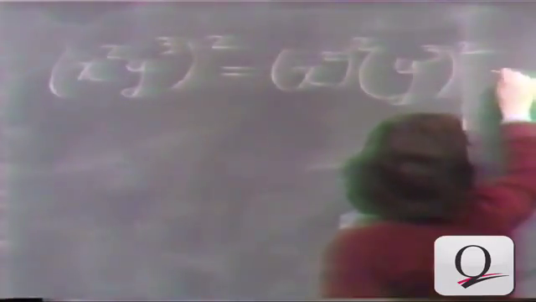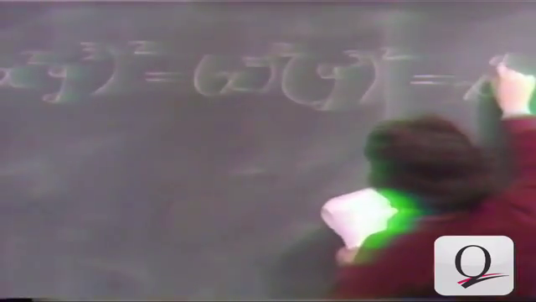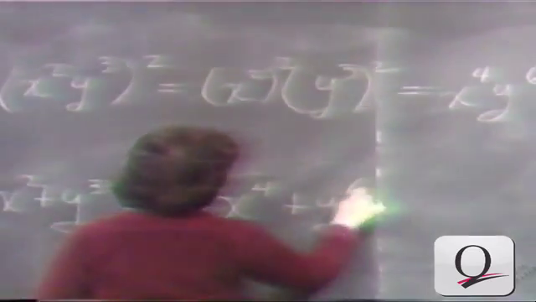This, according to the rules of exponents, would be x squared squared, y cubed squared, which was x to the 4th y to the 6th. Now, if it were instead x squared plus y cubed, squared, you could not say that that is x to the 4th plus y to the 6th.